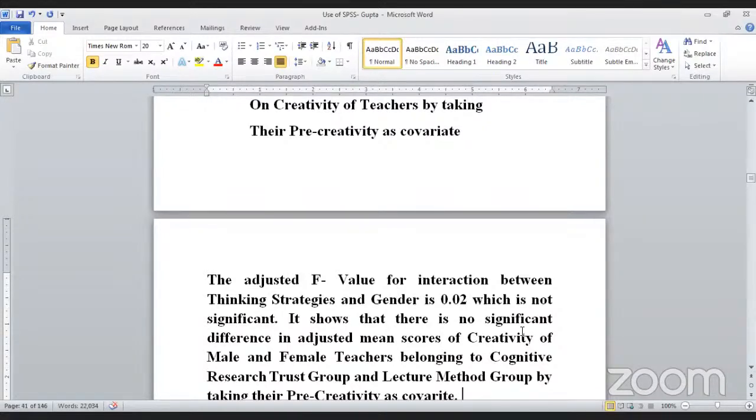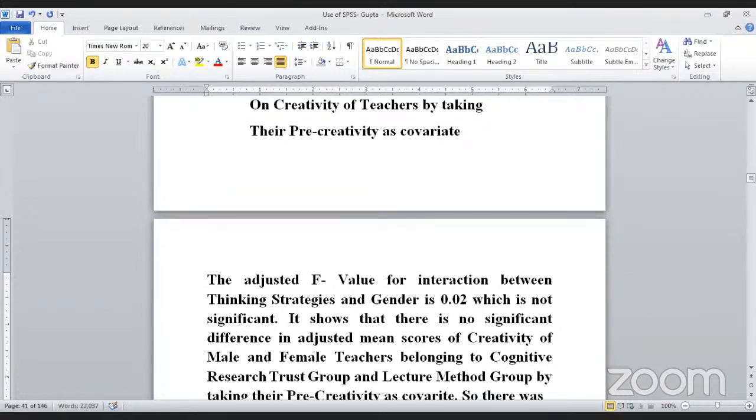So it shows there is no significant difference in adjusted mean scores of creativity of male and female teachers belonging to cognitive research trust group and lecture method group by taking their pre-creativity as covariate.